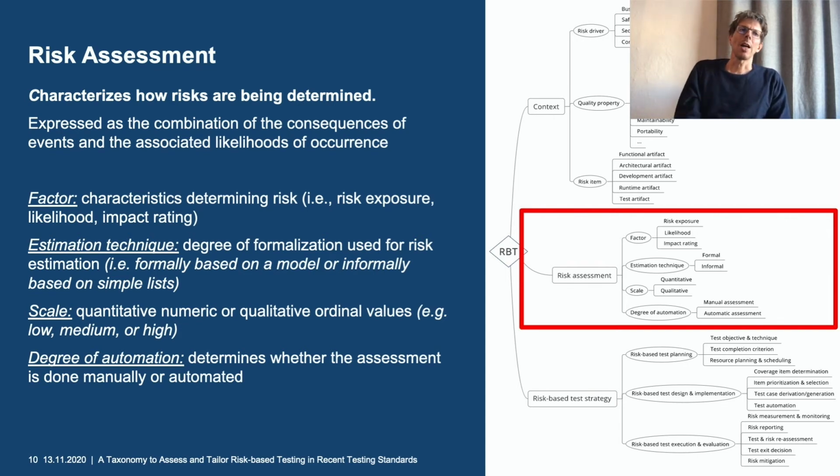And last but not least, we have the degree of automation: whether the assessment is done manually or in an automated manner. For sure there are interdependencies between these characteristics. You need some formal techniques to provide a more automatic assessment, but this is not directly covered within this taxonomy.